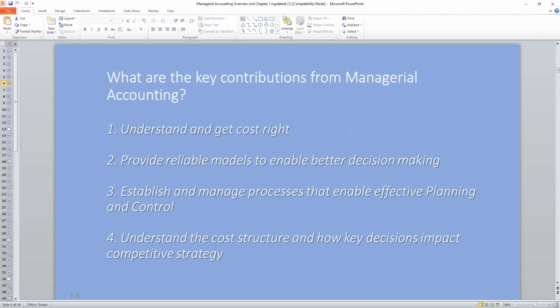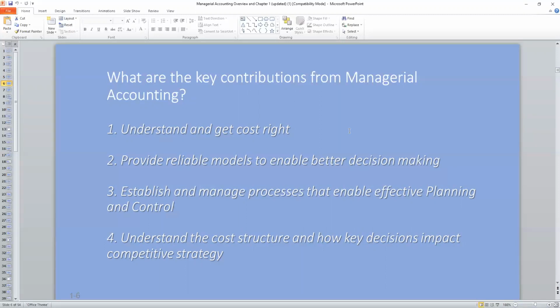The third goal is to establish and manage processes that enable effective planning, also known as budgeting, and control or monitoring of the organization. And then the fourth is to understand the cost structure and how key decisions impact the competitive strategy.